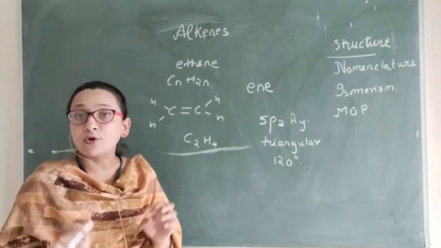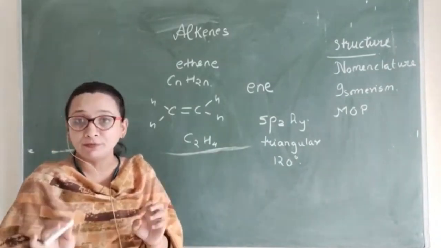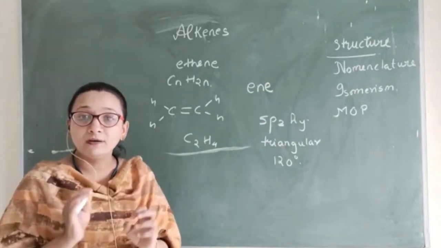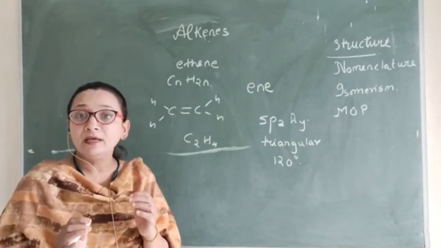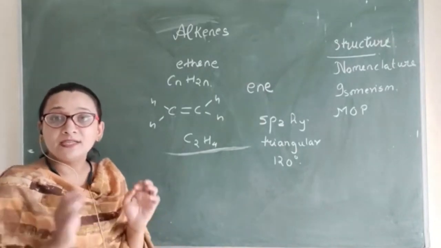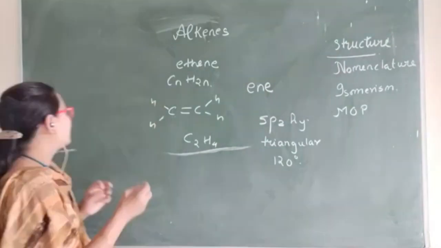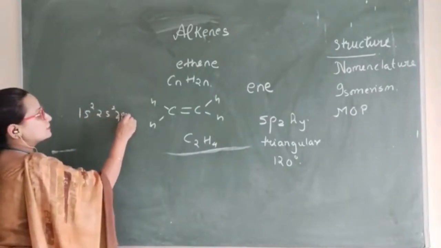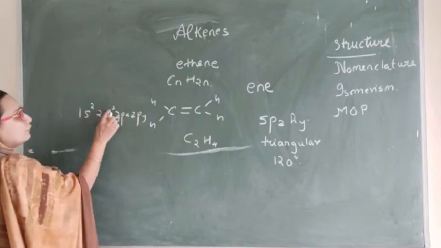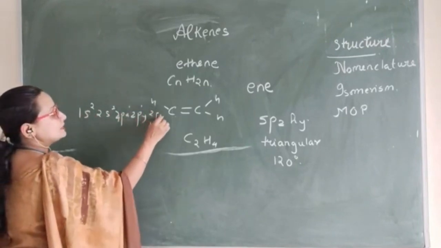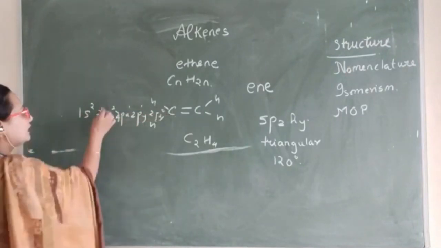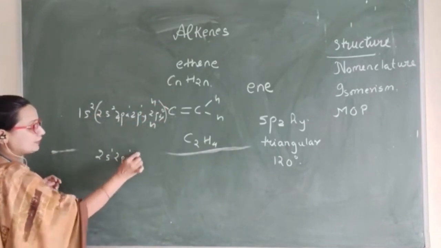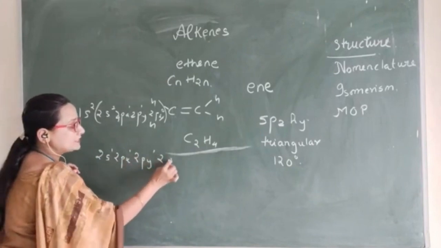Remember, we wrote the configuration for carbon, atomic number 6, as 1s2, 2s2, 2px1, 2py1, 2pz0. Then we said this goes to the excited state to give 2s1, 2px1, 2py1 and 2pz1.